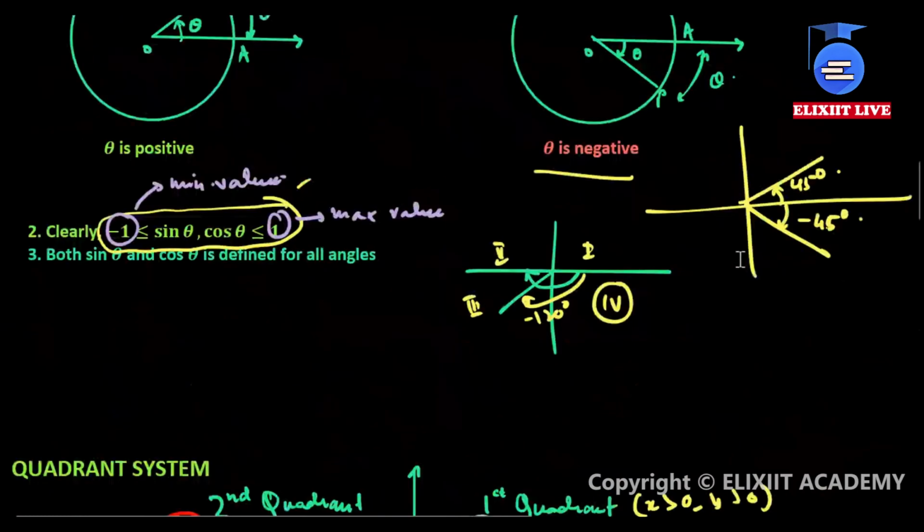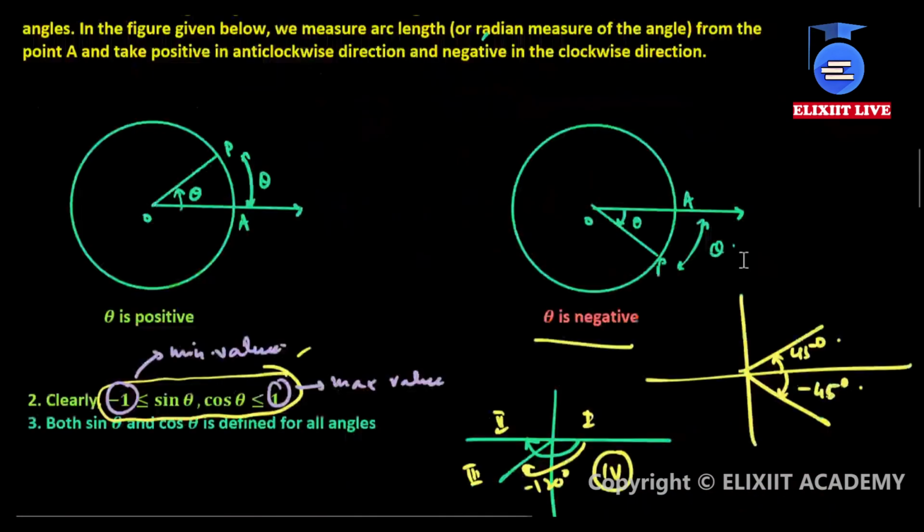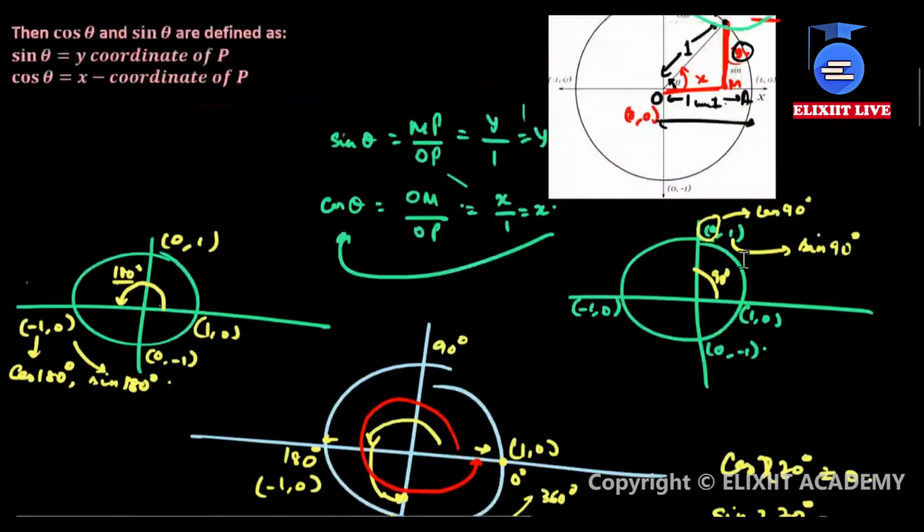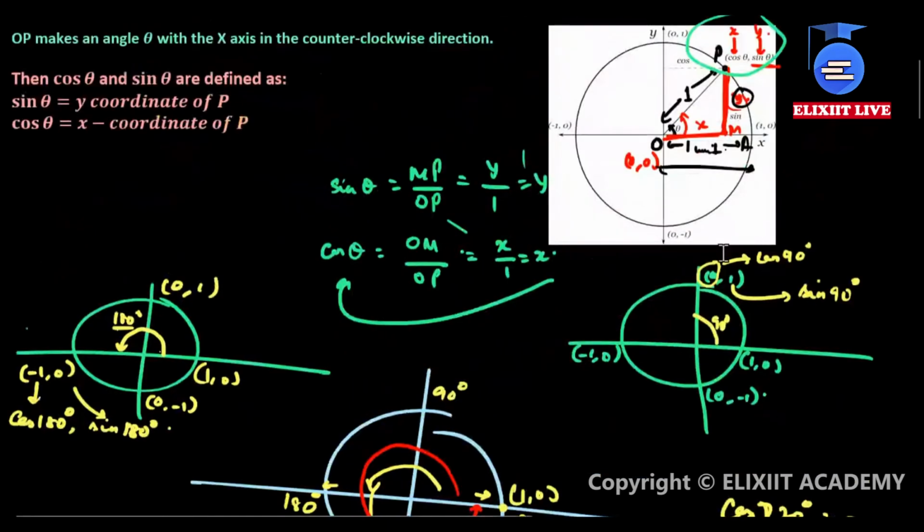Where is that unit circle? Take this unit circle itself. From this unit circle, you can derive the sine theta, cos theta concept, those identities which we have done. Sine square theta plus cos square theta is what? 1. You can derive it from this logic itself.